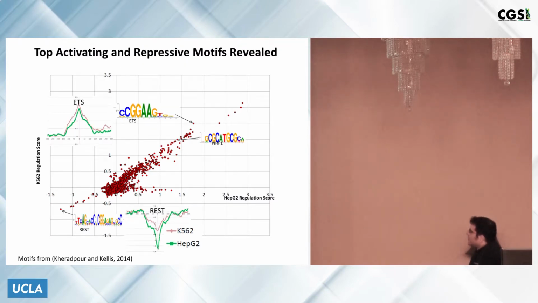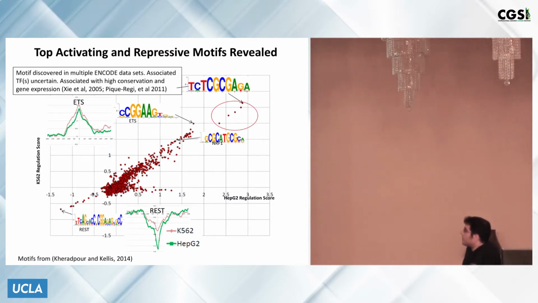You can see most dots have consistent repressive or activating activity in both cell types. And this is an aggregation plot of specific motifs, like the ETS motif. The REST motif, or NRSF, was the most repressive in both cell types.